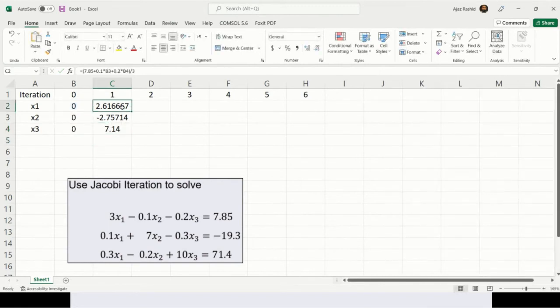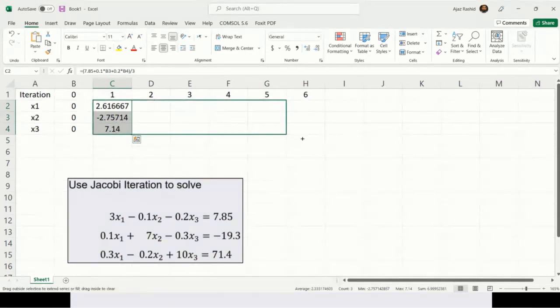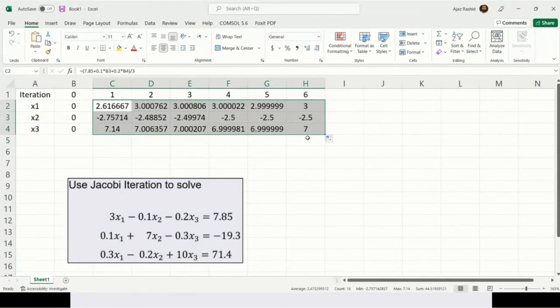And then I just drag this on. I'll get the other iterations for them. And I can see that it is converging to the true value, which is 3, minus 2.5, 7.